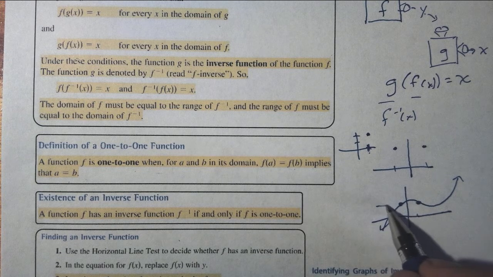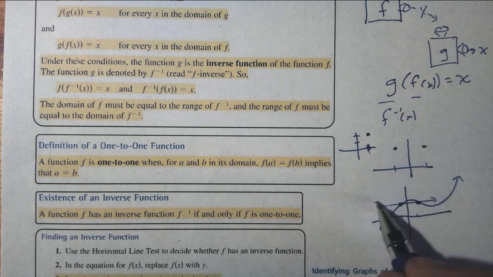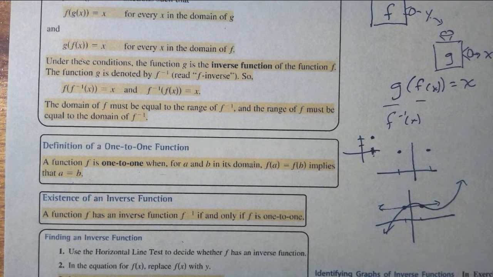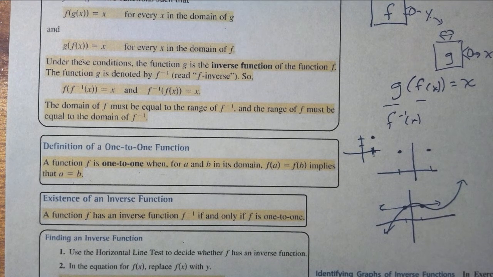Therefore, I think we can quickly see that the horizontal line test is a test for one-to-one functions. This one is not one-to-one. As I said earlier, on the existence of an inverse function: functions have inverses if and only if they are one-to-one. So it's almost synonymous. If we have an inverse function, that means the function is one-to-one.